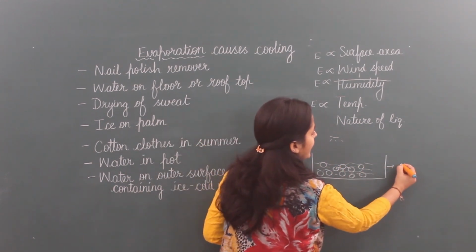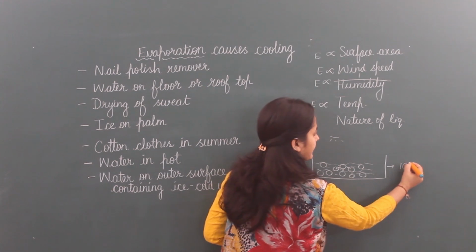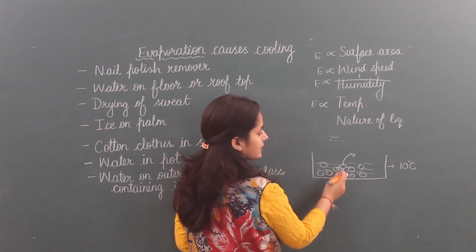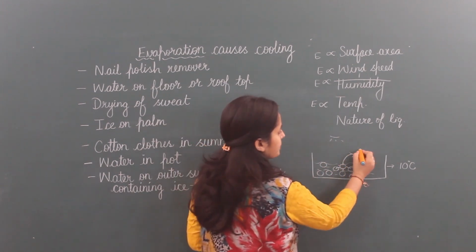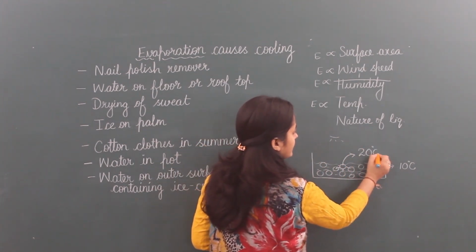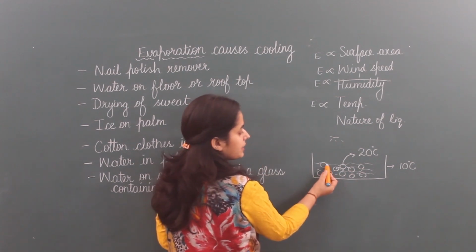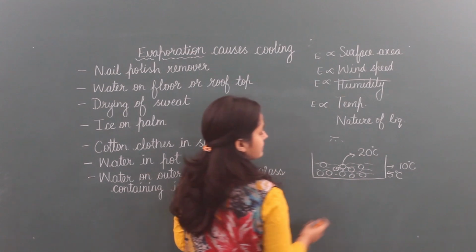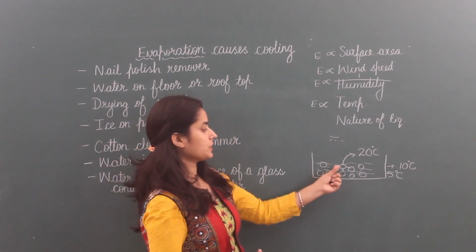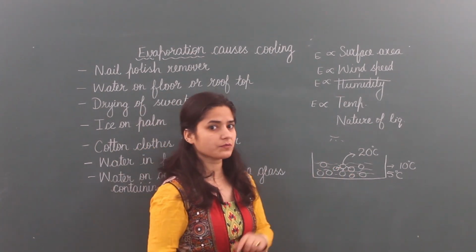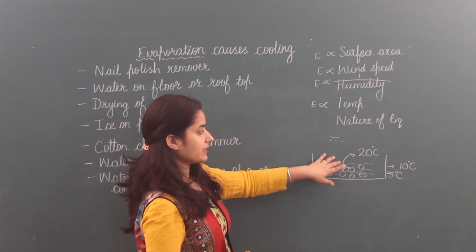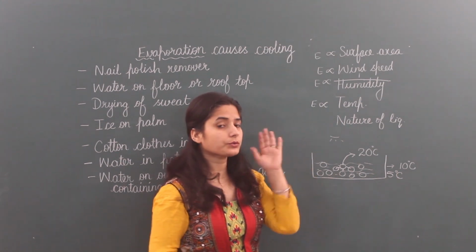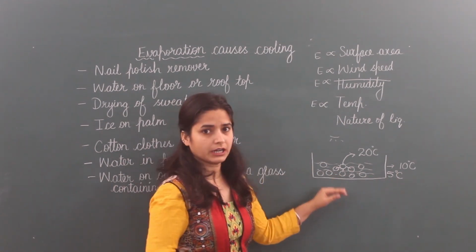First of all, say the temperature is 10 degrees Celsius. Now when surface particles take heat from the surrounding, their temperature increases to about 20 degrees Celsius and nearby particles' temperature reduces to 5 degrees Celsius. In the same way it keeps taking heat from surrounding particles. This way, these particles evaporate and the surrounding particles' temperature lowers, due to that cooling occurs.